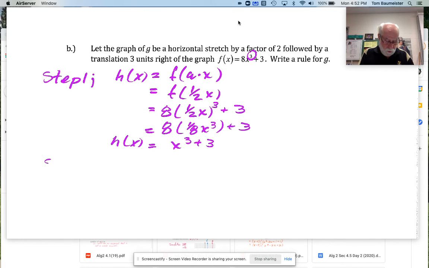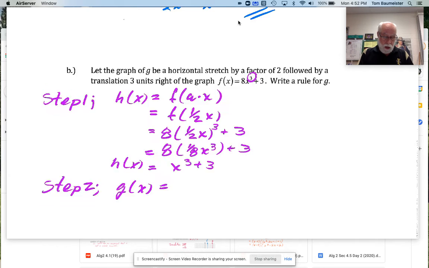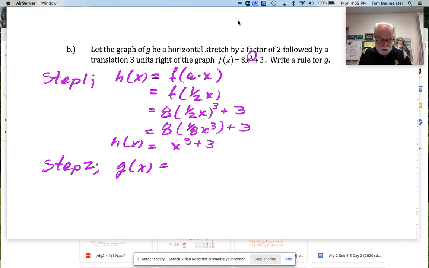Then our step 2, we're going to take our g of x, and it's going to be our h of, remember, now it says it's 3 units right, so when we think about that, we're going to take our x and we're going to subtract 3 from it.